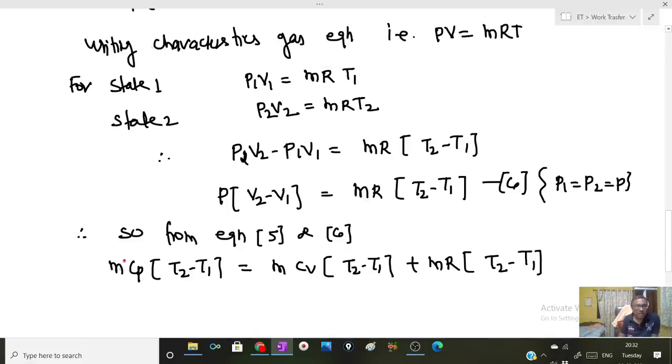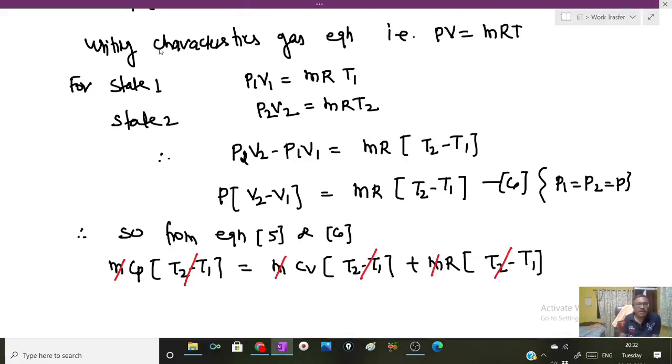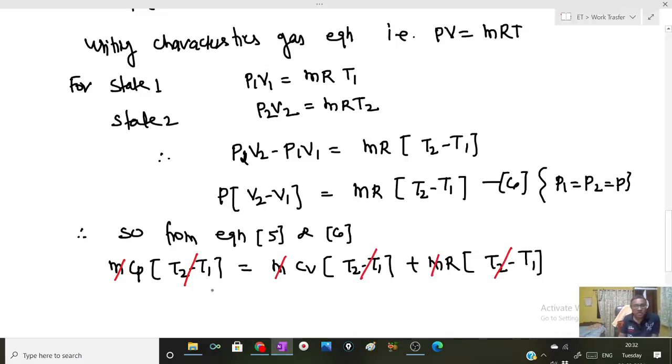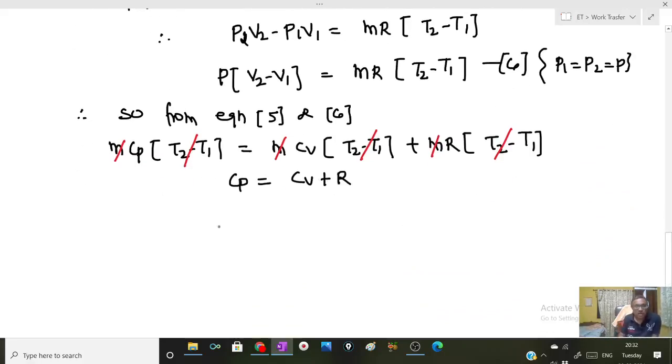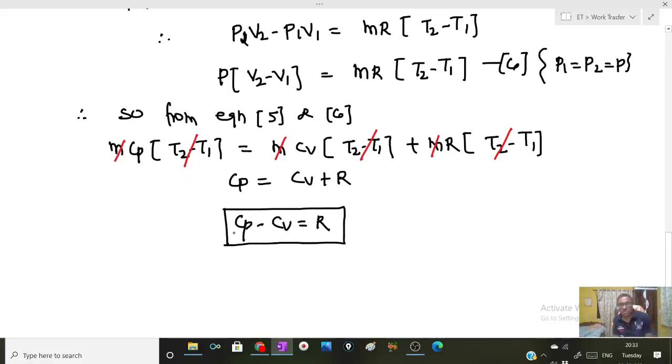Now here m and (T2 minus T1) are common, so they will get cancelled out, and the remaining term will be Cp is equal to Cv plus R, or I can also write it as Cp minus Cv is equal to R. So this is the relationship between Cp, Cv and R.